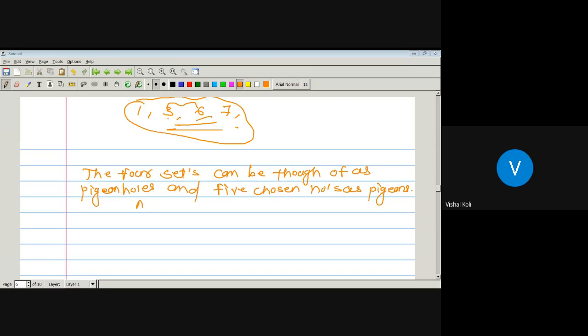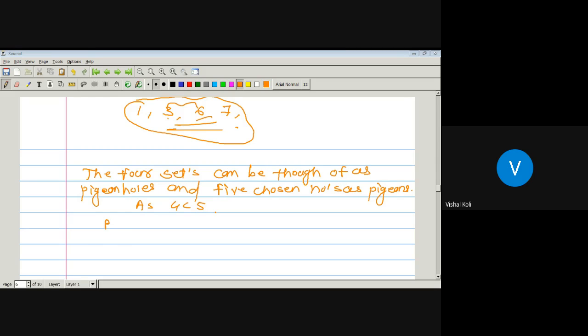As 4 is less than 5, by the pigeonhole principle, the number of pigeonholes is less than the number of pigeons, so any two of the selected numbers must belong to the same set whose sum is equal to 9.